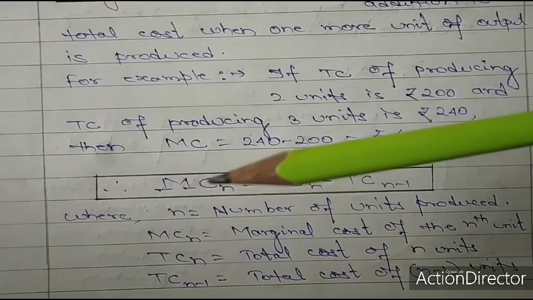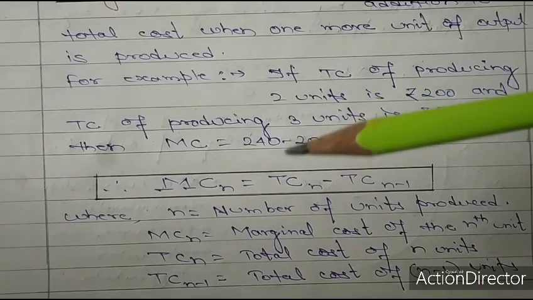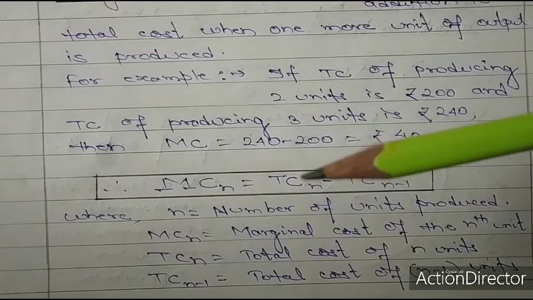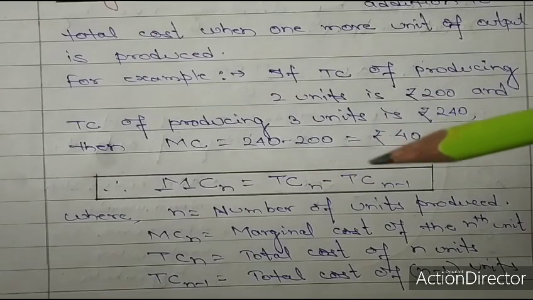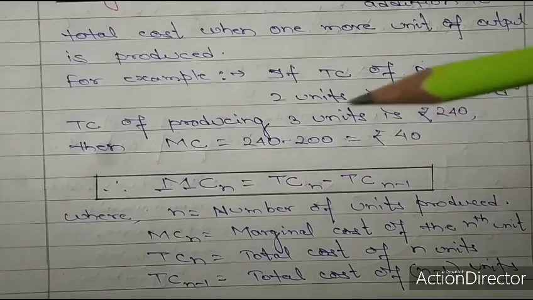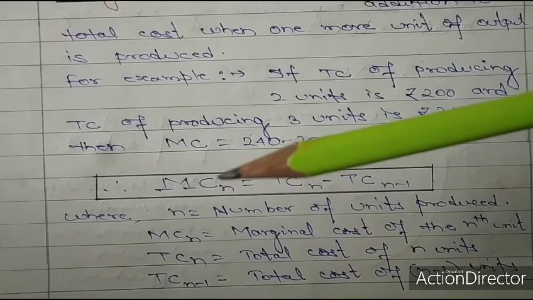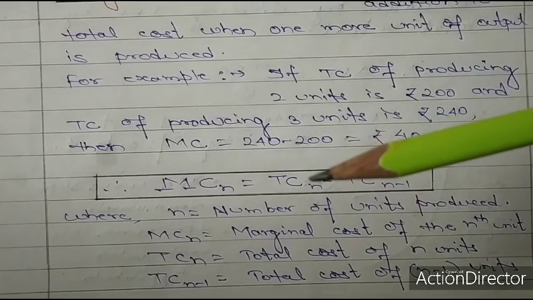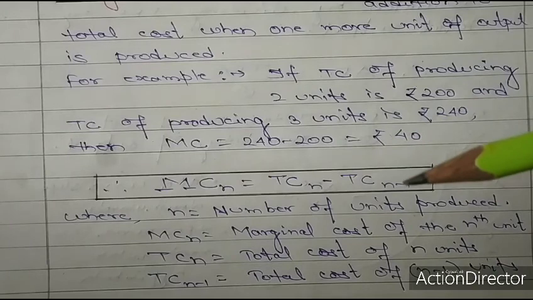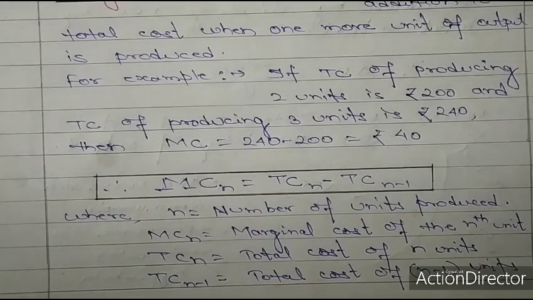In the example, the marginal cost of the third unit is the total cost of the third unit minus the total cost of the second unit. For the fourth unit, it is the total cost of the fourth unit minus the total cost of the third unit. In the same way you can calculate the marginal cost for every unit increase in output.